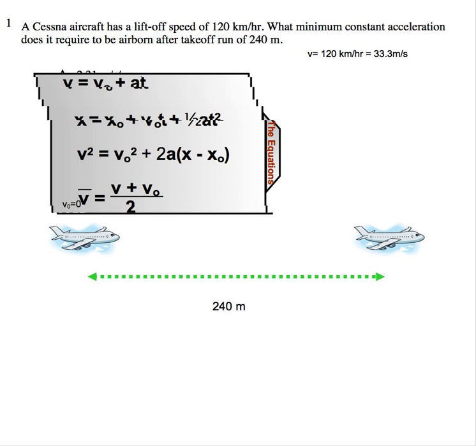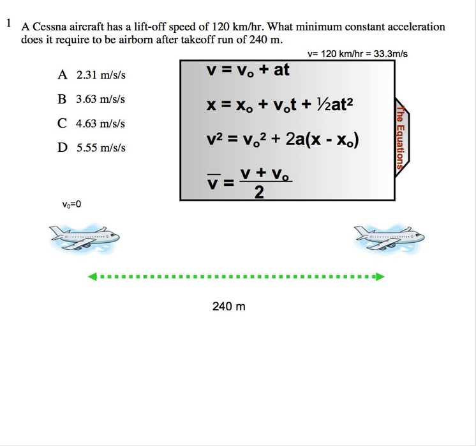So the equations that we're going to use come from this batch, constantly accelerated motion. And the one that we're going to use to solve this problem, given this information: the initial velocity is 0, delta x is given. Delta x is 240 meters.